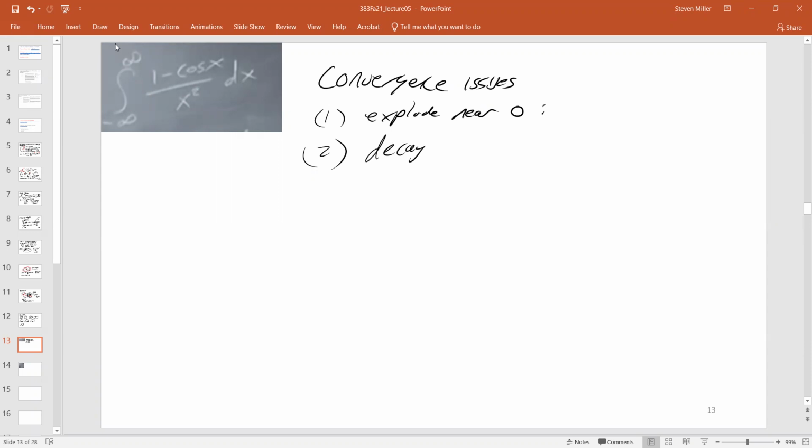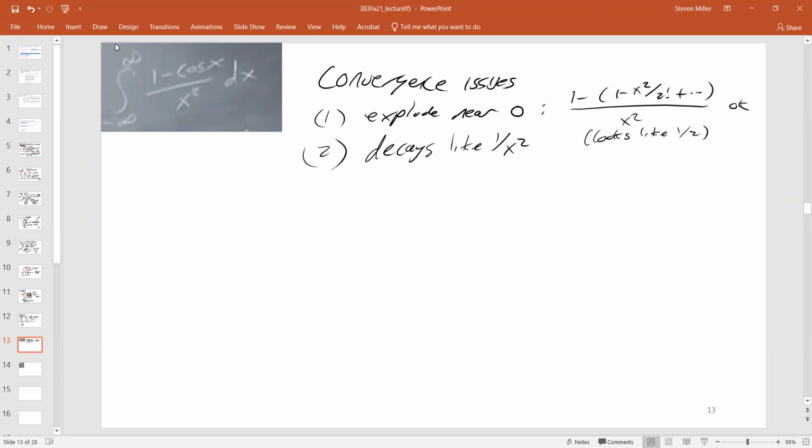So exploding near 0, it's 1 minus x squared over 2 factorial plus ... divided by x squared. So we're okay. So near the origin, in fact, it's going to look like 1/2. Looks like 1/2, and decays like 1 over x squared, which is integrable.